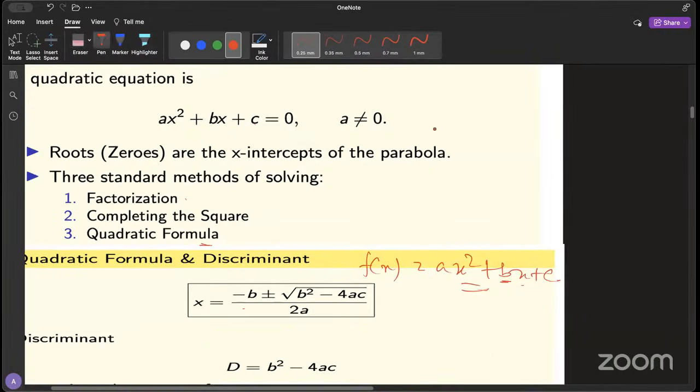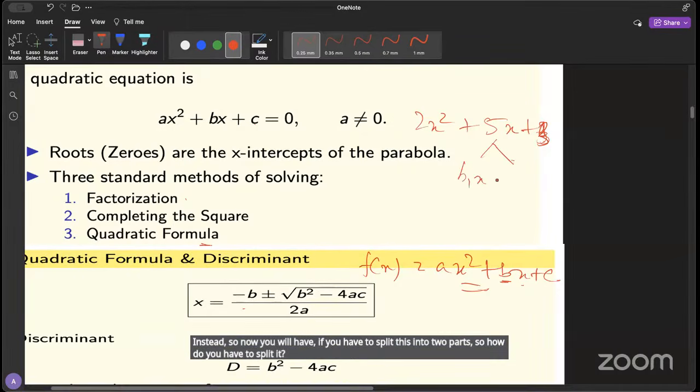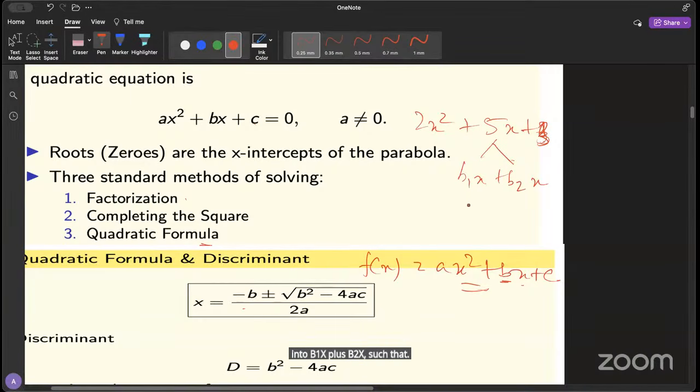Let's take a simple example, 2x square plus 5x plus 6, or rather take 3 here instead, 2x square plus 5x plus 3. Now you have to split 5x into b1x plus b2x, such that b1 plus b2 is equal to 5 and b1 times b2 is equal to 2 times 3, the product of these two.